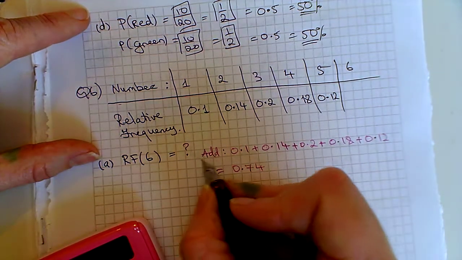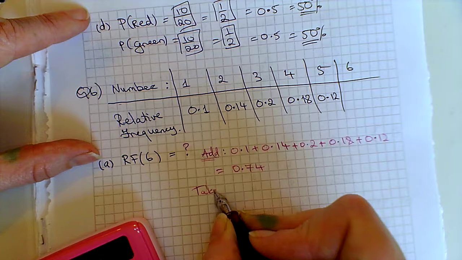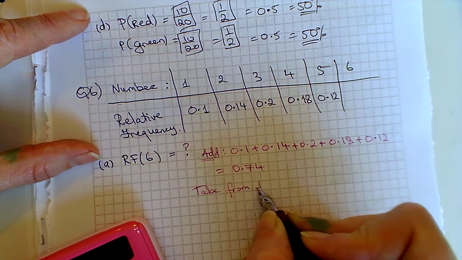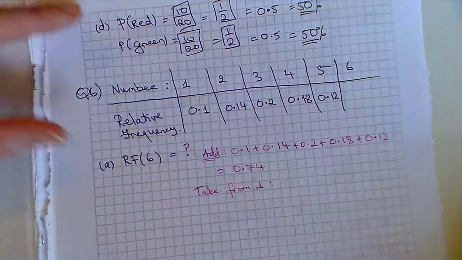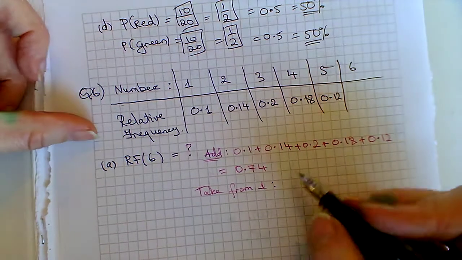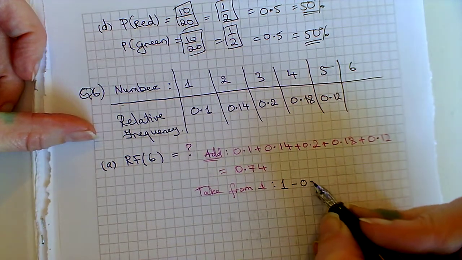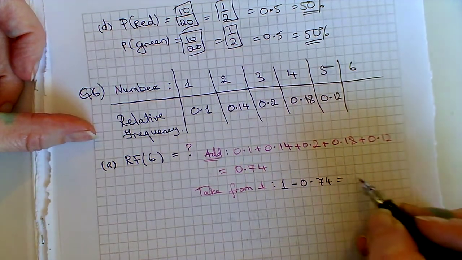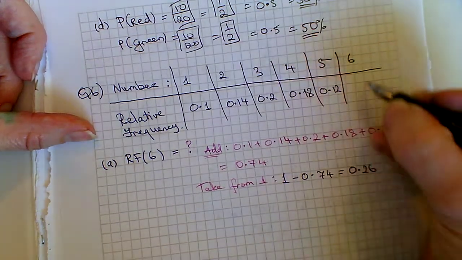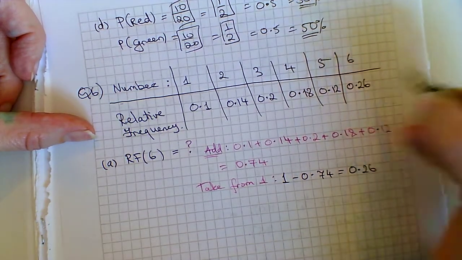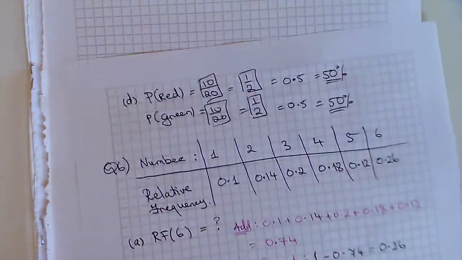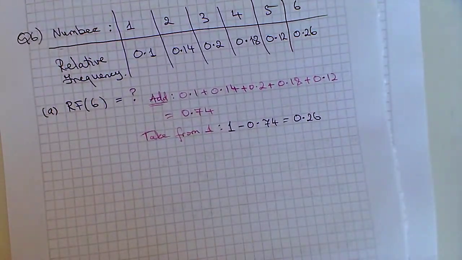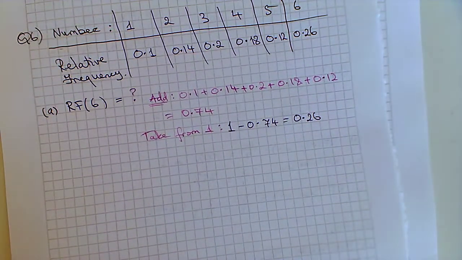And then take that from 1, because as we saw in the last question, all your relative frequencies must add up to 1. So 1 minus 0.74 gives you 0.26. So the relative frequency of rolling a 6, the highest actually, 26% of the time you rolled a 6.